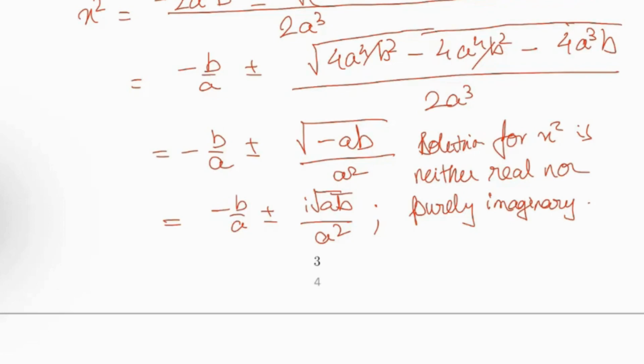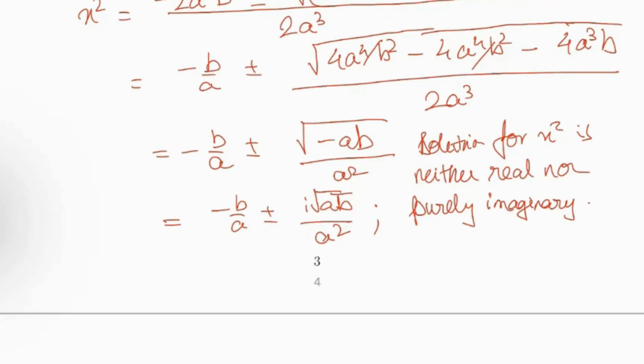Is that clear? Because a complex number is of the form a plus ib. Now the real part is there, and the complex part is also there. So we can't say that it's purely imaginary. Because minus b by a is a real quantity.